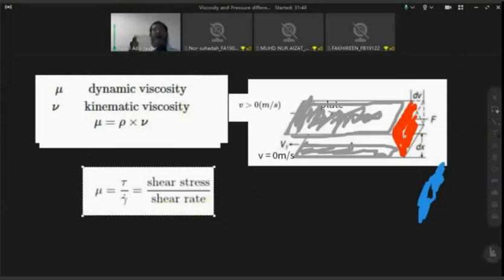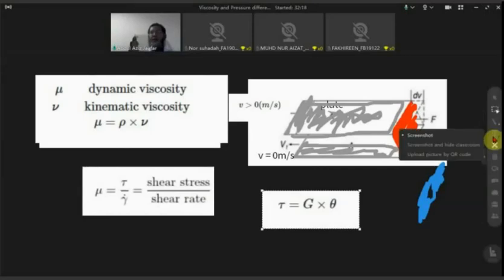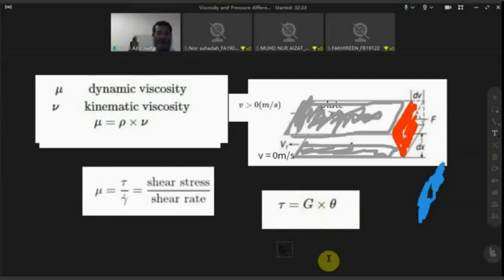So the definition of viscosity is then given by the shear stress divided by the shear rate. So we would like to see the similarity that we can find in solids. In a solid, we can see that the shear stress is equal to the modulus of rigidity times the angle of deformation, right?